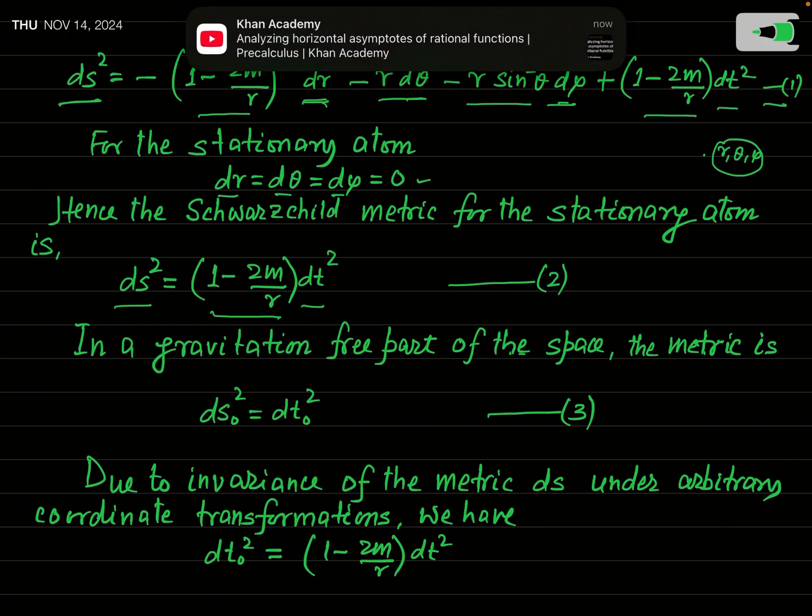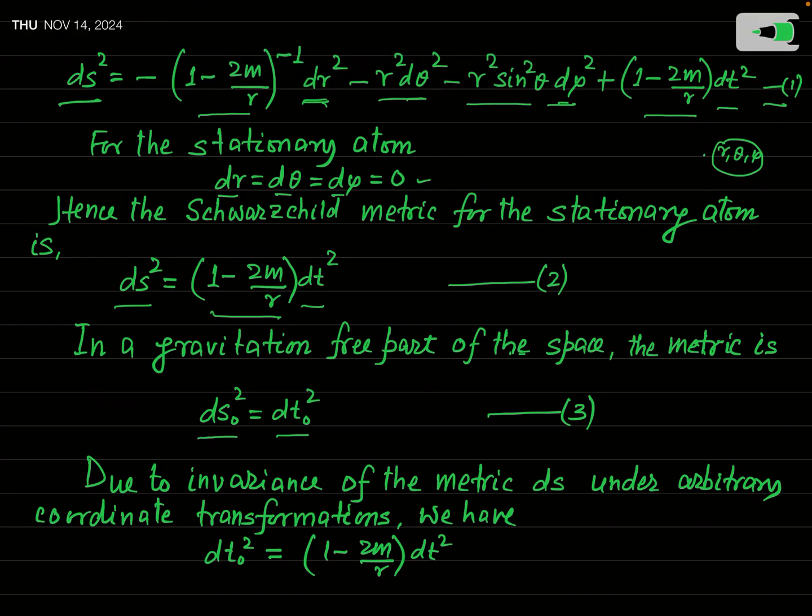Actually in that condition, ds is equal to dt, and therefore in this condition ds naught square will be equal to dt naught square. Here the subscript 0 or naught represents the proper value of the time interval. So in a gravitation free part of the space, the metric becomes ds naught square equal to dt naught square.